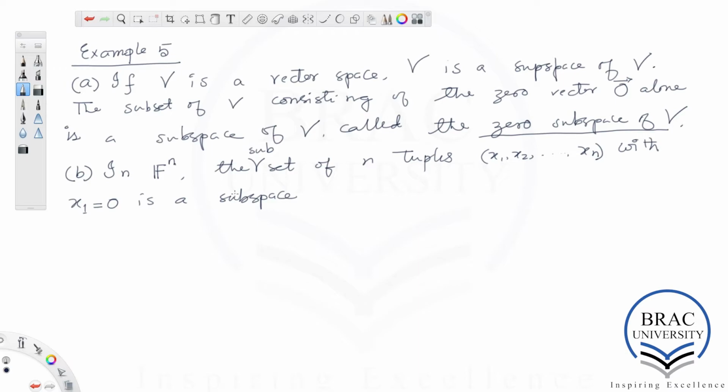You can immediately verify that it's indeed a subspace by using theorem 1.